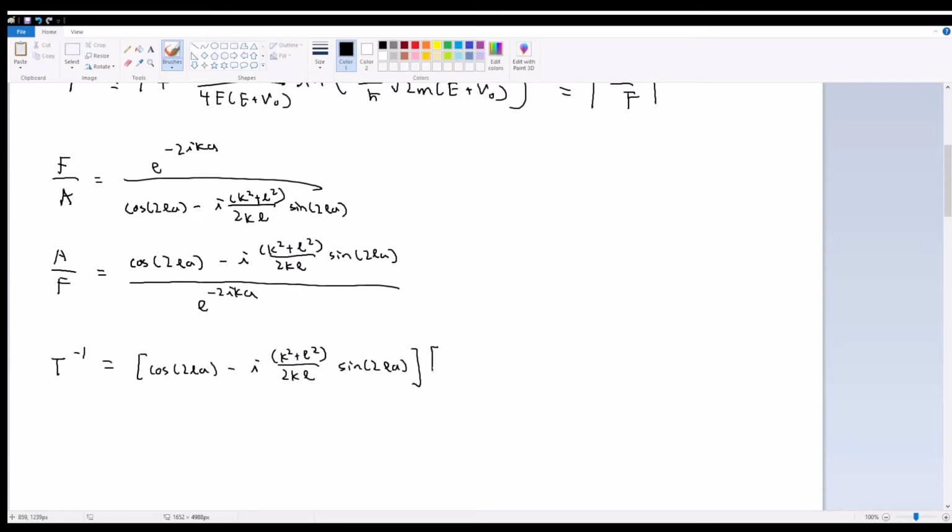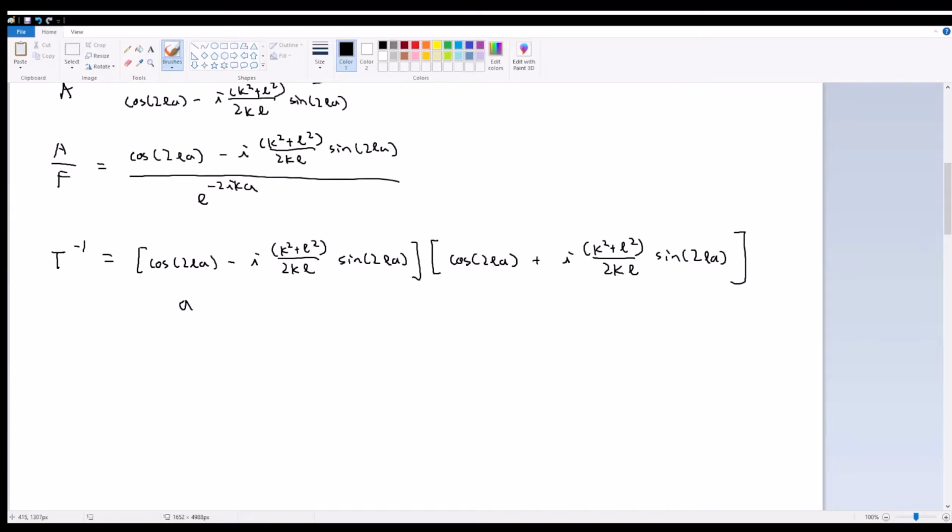And we're multiplying by cosine 2LA plus i times (k squared plus L squared) over 2KL sine 2LA. And immediately, hopefully you see that this is just A minus iB, and over here this is A plus iB. And when you multiply something by its complex conjugate, this just goes down to A squared plus B squared.